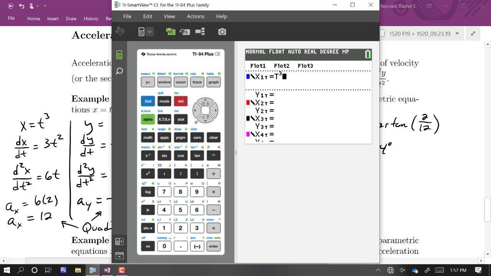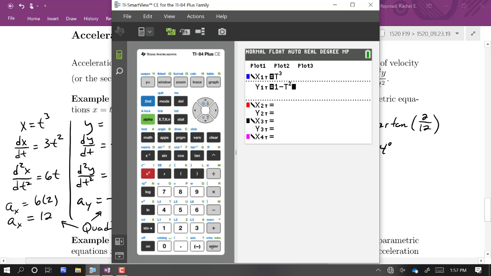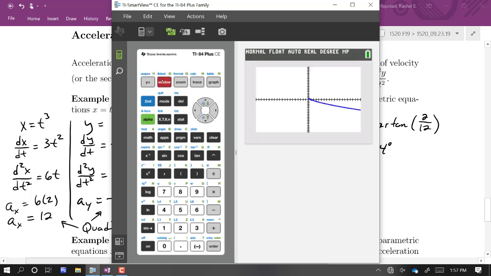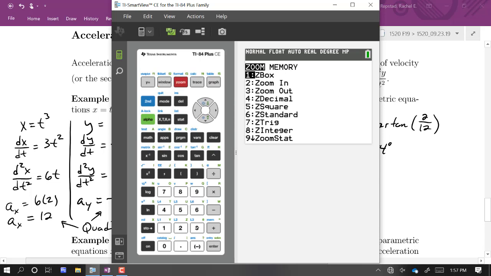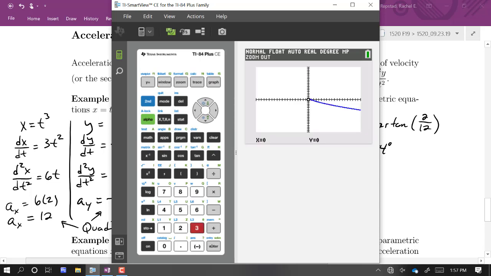Oops. I think I need to zoom out. Okay. Maybe I didn't need to zoom out quite so far.